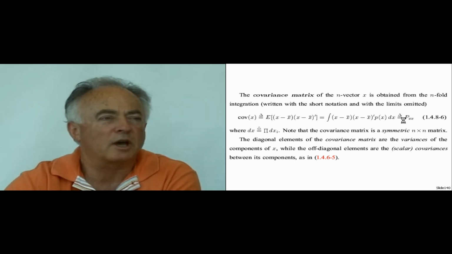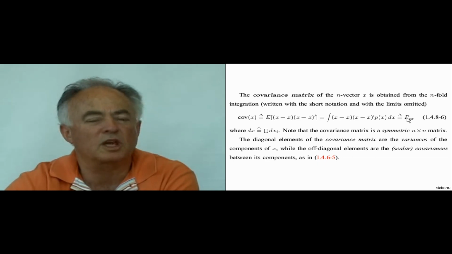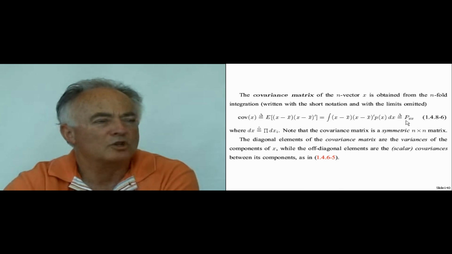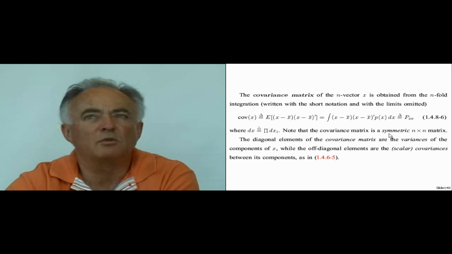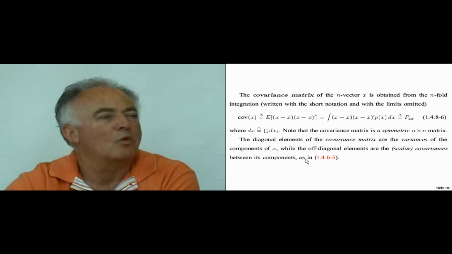Hopefully the cap P here should not be confused with probabilities, because we use cap P for probabilities too, but from the context it should be clear what is meant. The result will be a symmetric n by n matrix. This is a dyad, and that's what causes the symmetry. The diagonal elements of the covariance matrix are the variances of the components of x, while the off-diagonal elements are the scalar covariances between its components.